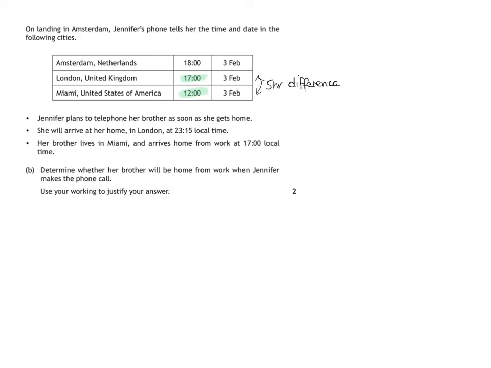So if she gets home at 23:15, this is the UK time, then for the 5-hour difference, we're going back the way because Miami is beforehand. So if we go 5 hours back from there, we end up at 18:15.